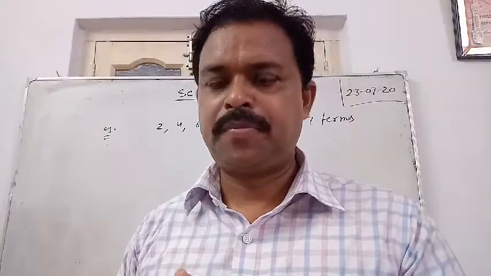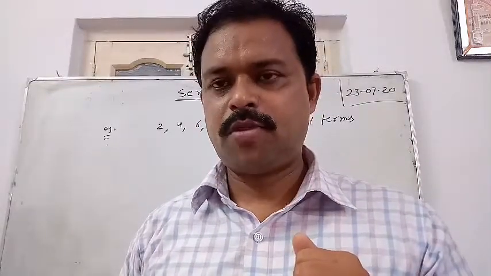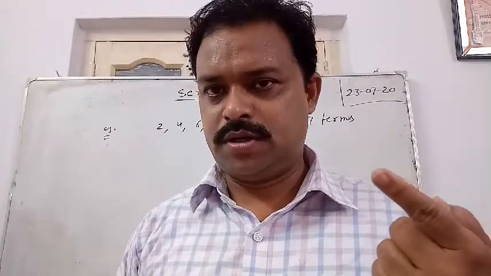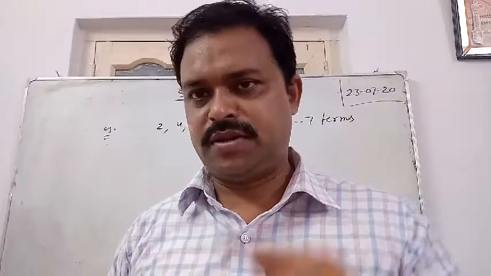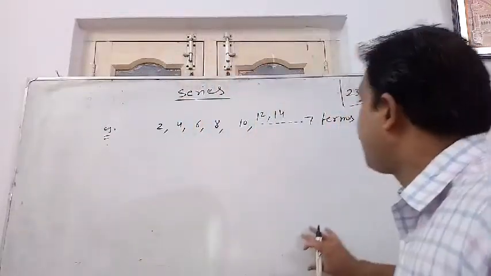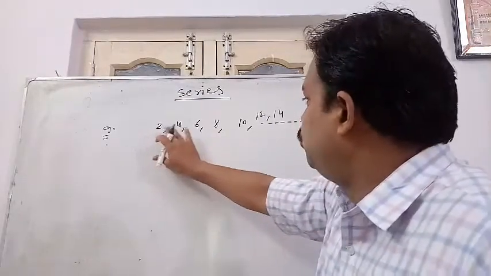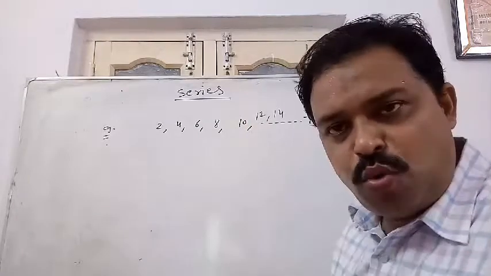Is it clear? Generally, what mistake do we make when writing the series? So let us write down that solution where we make the mistake. Now see, since you want to print 2 4 6 8 10, 7 terms you want to print.